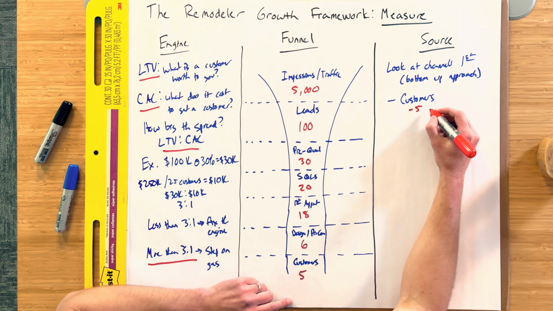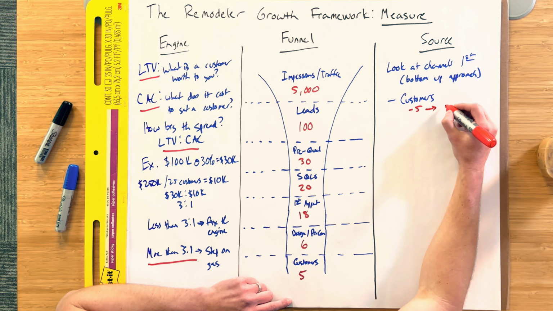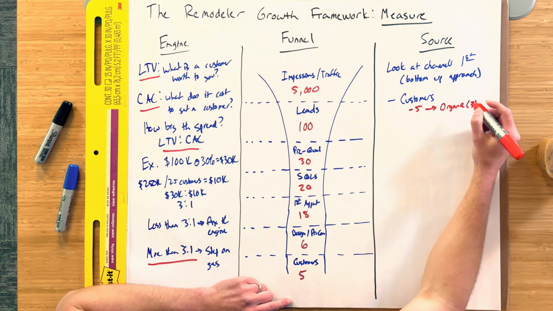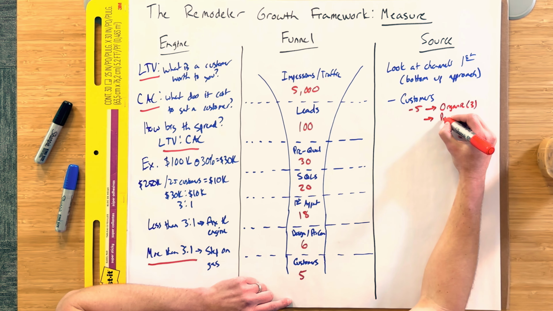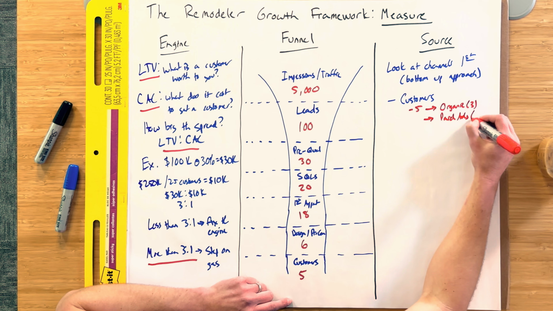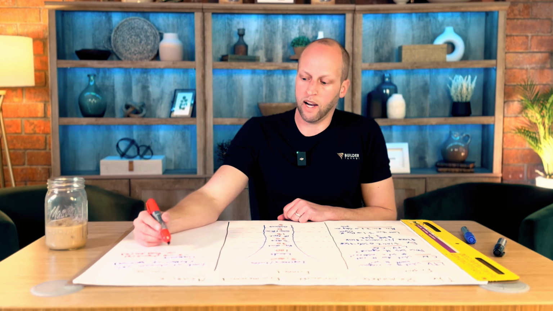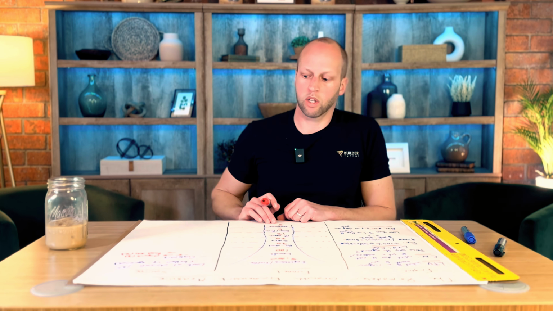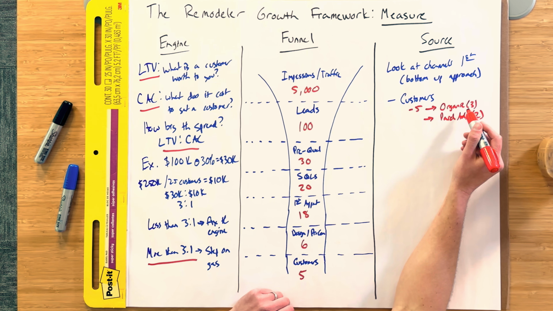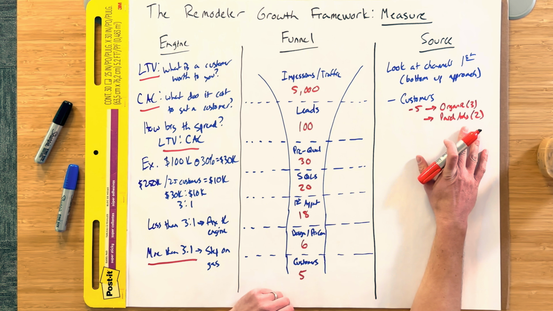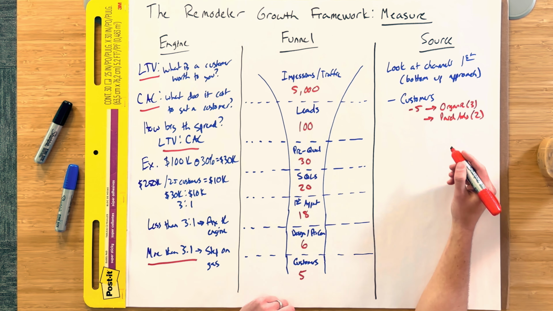Okay, these 5 came from organic, and we got 3 from there, and then we had paid ads, and we got 2 from there. And so now, when we're trying to improve customers, we're going to look at, well, gosh, we got all 5 customers from these 2 channels, so let's look at those channels. I'm going to come back to this in a second, and we'll walk through how to evaluate it.